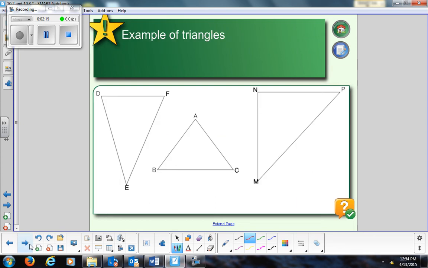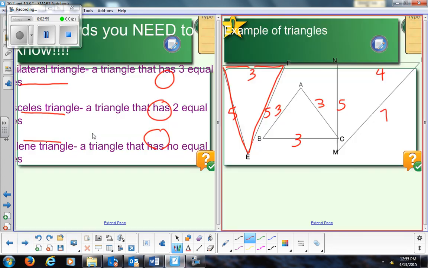Let's take a look at that. All right, so here we have, let's put some numbers in here for you. So this would be a 3, 3, 3, and a 5, 5, 3. Okay, so this first one has a side of a 5, a side of a 5, and a side of a 3. Let's do split screen so we can see.